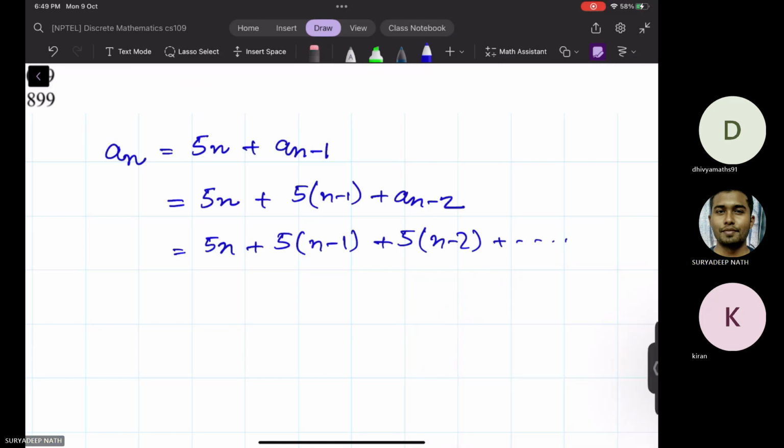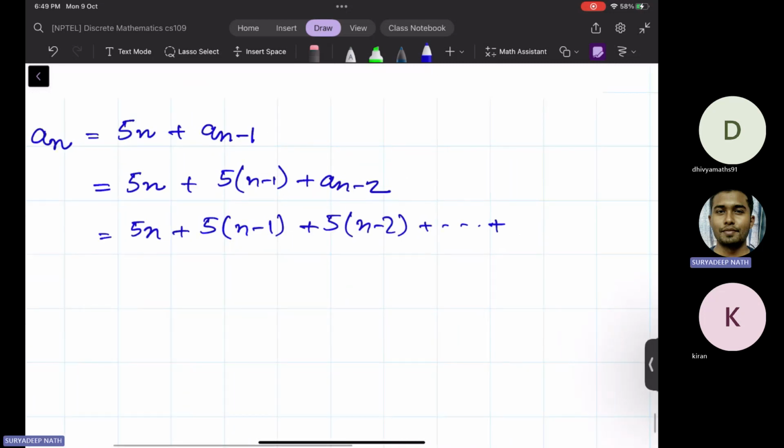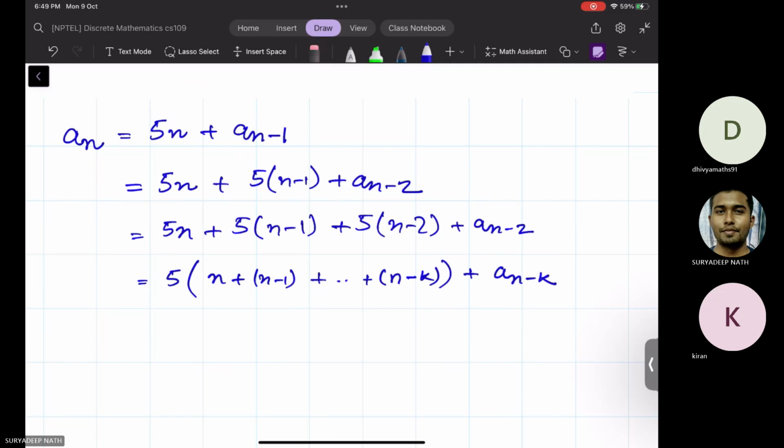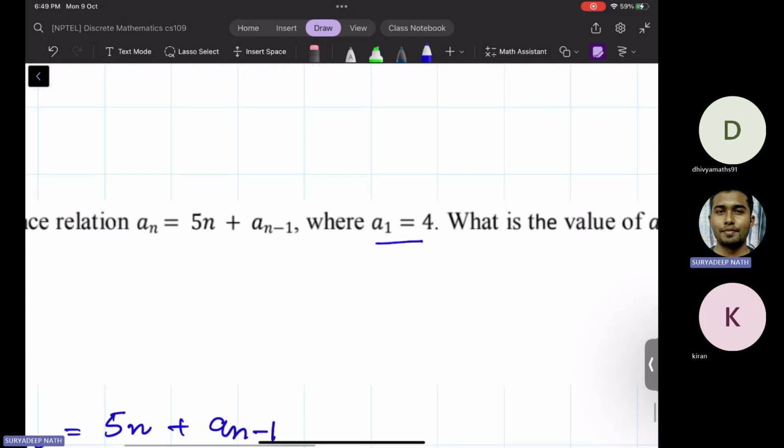So this would basically be 5 times n plus n minus 1 plus n minus k, up to a n minus k. So we'll have to go to 1.